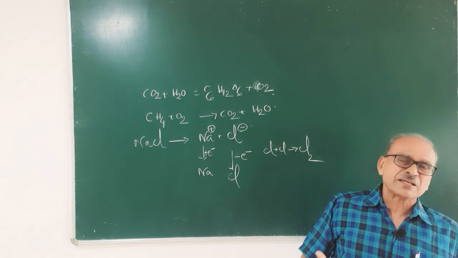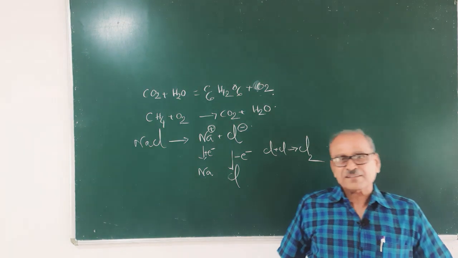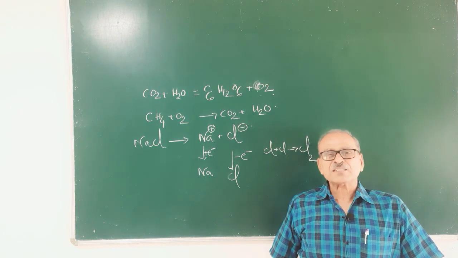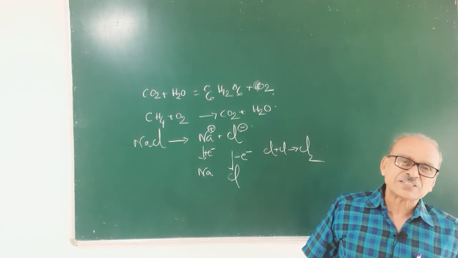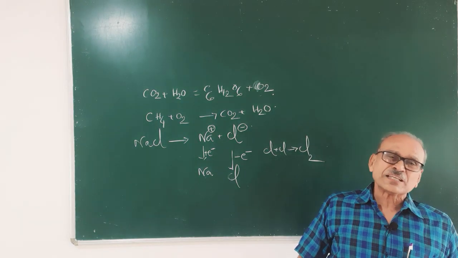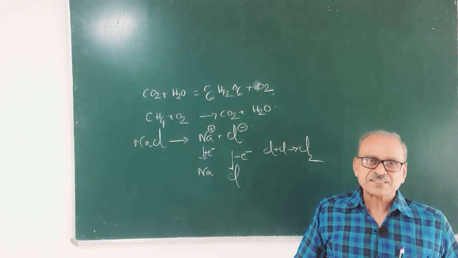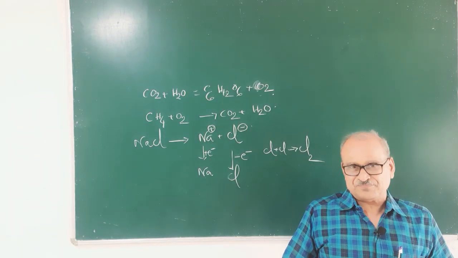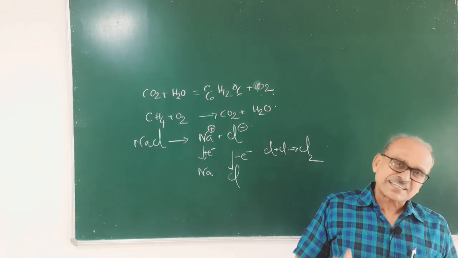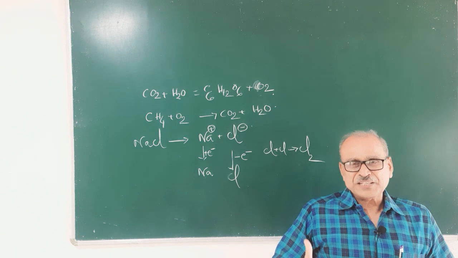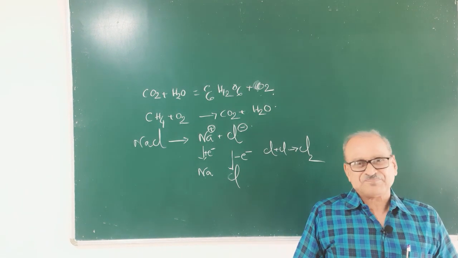Then let us go for the mass number. Mass number tells us the number of protons and neutrons present in the nucleus of an atom. Protons and neutrons together are called nucleons. So, mass number is the number of nucleons present in an atom. Now, let us see hydrogen, deuterium and tritium.